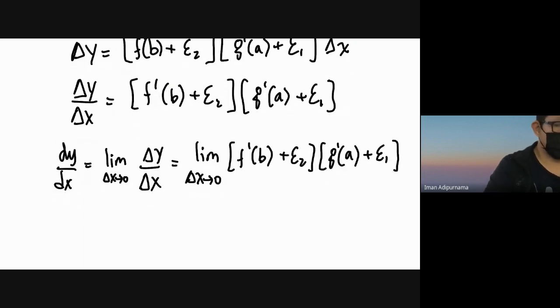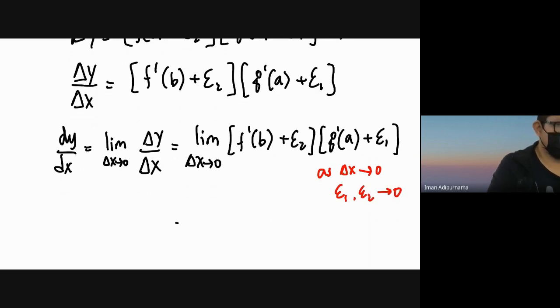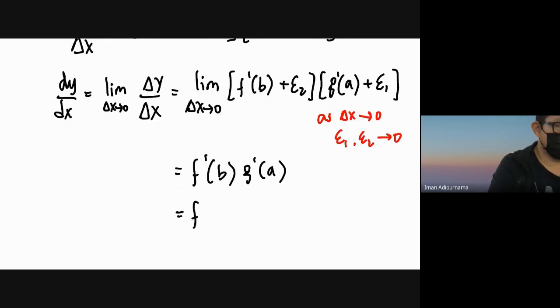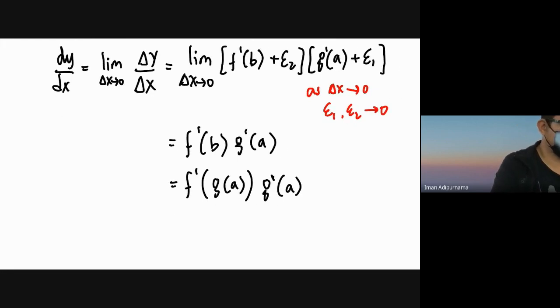And as delta x gets closer to 0, epsilon 1 and epsilon 2 also get closer to 0. Or we can also write b in terms of g as we have defined before, and this is true for the chain rule.